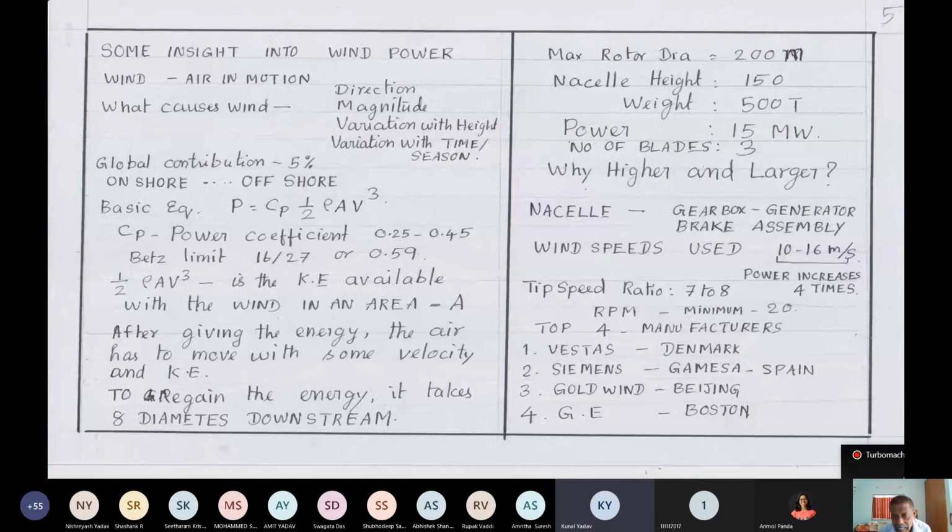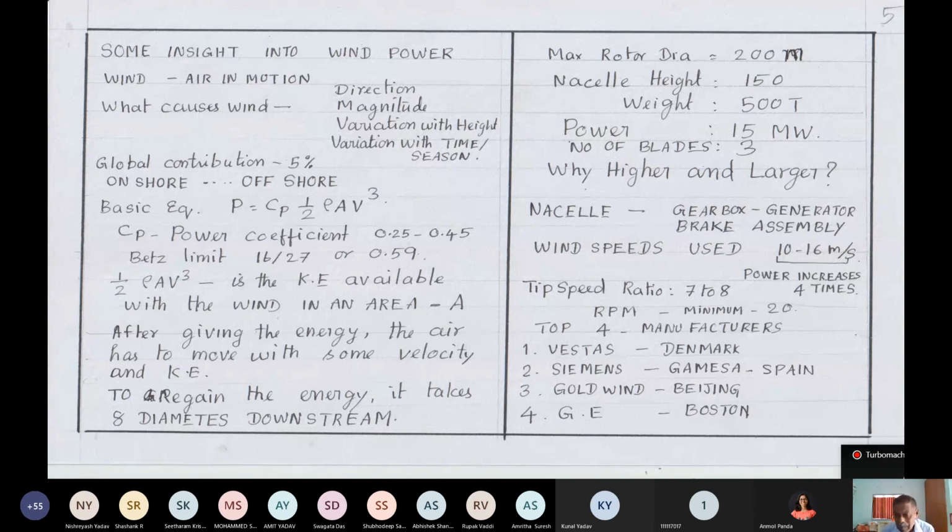Anybody in this group has gone up the wind turbine to the nacelle? Anybody experienced that? Anyhow, from the NIT mechanical department, around 1995 or even before that, around 91, 92, when Professor Mohammed was HOD, we went to a place near Tirunelveli in southern Tamil Nadu.